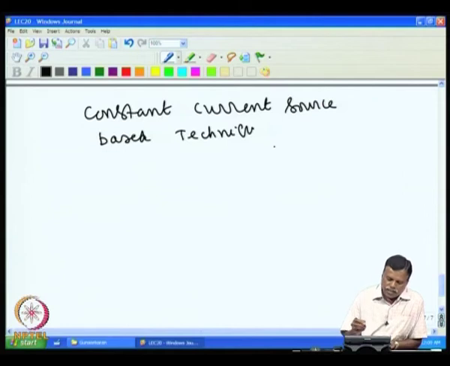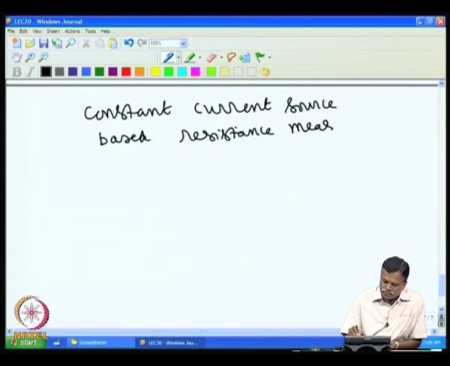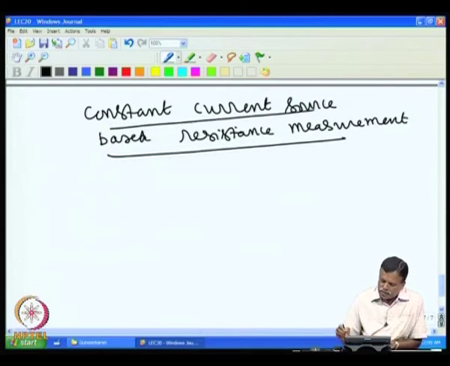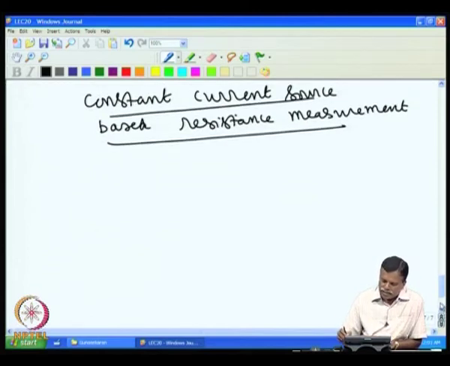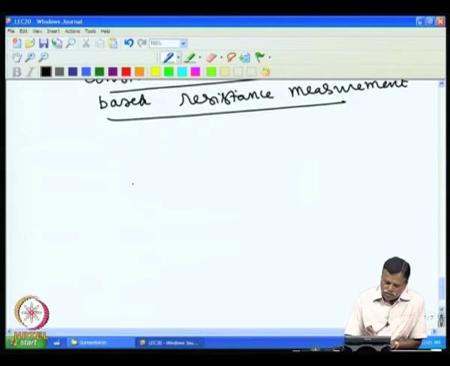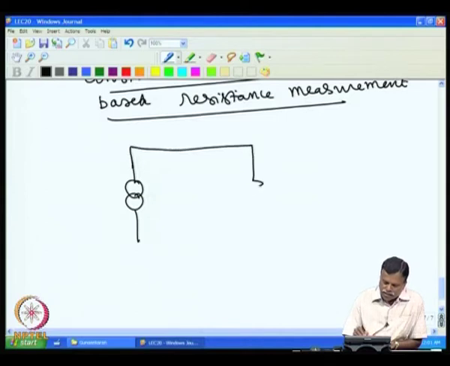Current source based resistance. If you look at this technique, a constant current source based technique, it is done like this. You use a constant current source, which gives you constant current, and connect the resistance whose value is to be measured.